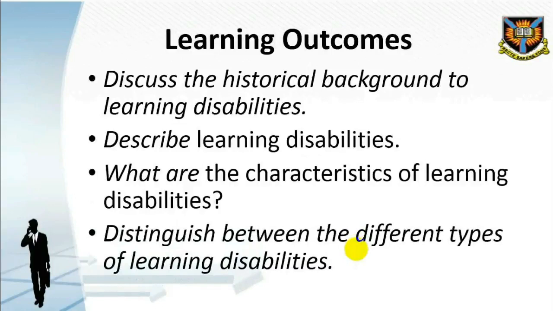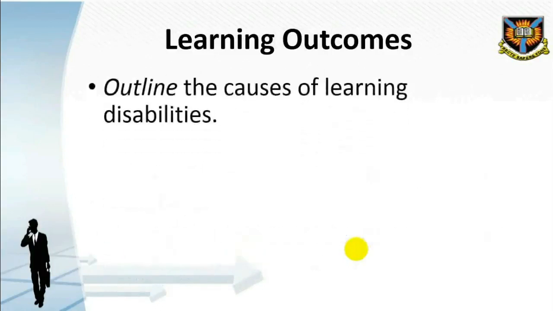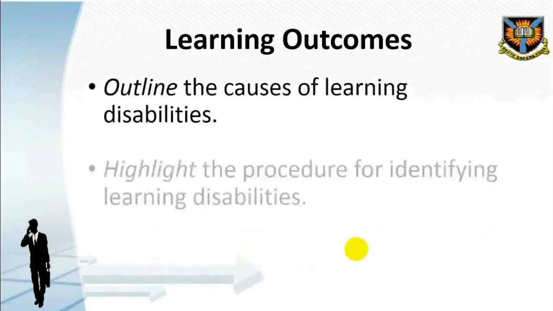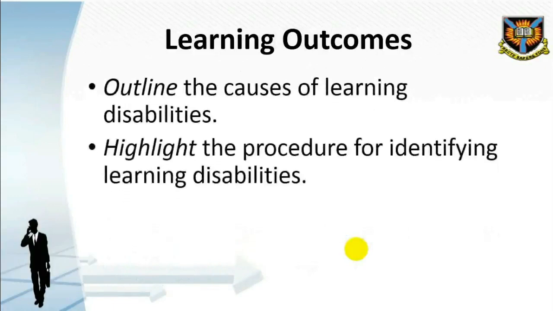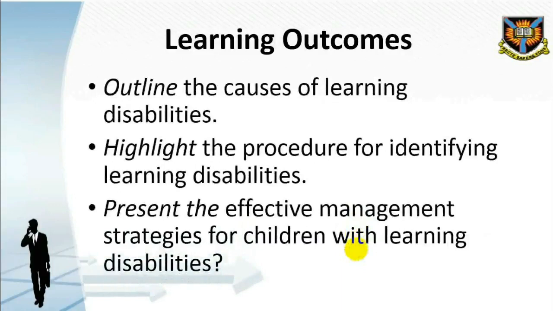Distinguish between the different types of learning disabilities. 5. Outline the causes of learning disabilities. 6. Highlight the procedure for identifying learning disabilities. And 7. Present effective management strategies for children with learning disabilities.